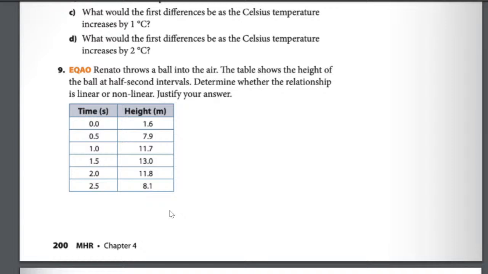So what we need to do here is take a look at the values in the table. The times are going up by half a second, and that's fine. They're going up consistently. So we can compare the heights and look at the first differences. If the first differences are the same, then this would be a linear relationship. If the first differences are not constant, it would be a nonlinear relationship.